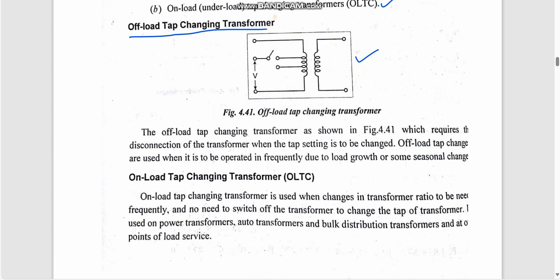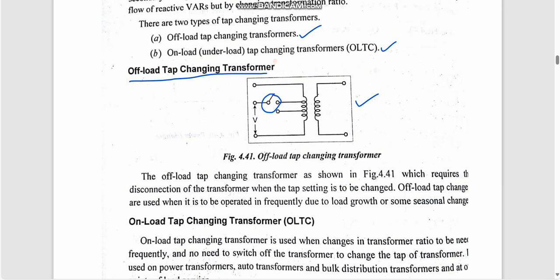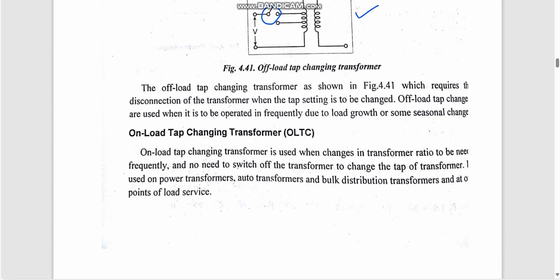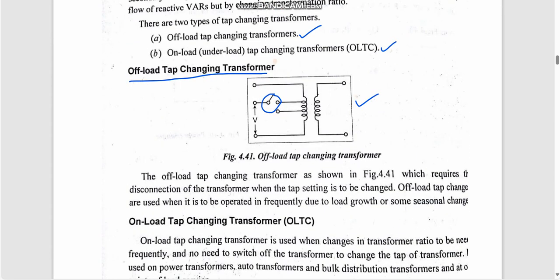In the off-load transformer, if you want to change the tap, you have to switch off the supply. Then only you change the tap settings and turn the supply back on. That's all about the off-load tap changing transformer. This is a major disadvantage. If you write about the off-load tap changing transformer, you will get 4 marks.